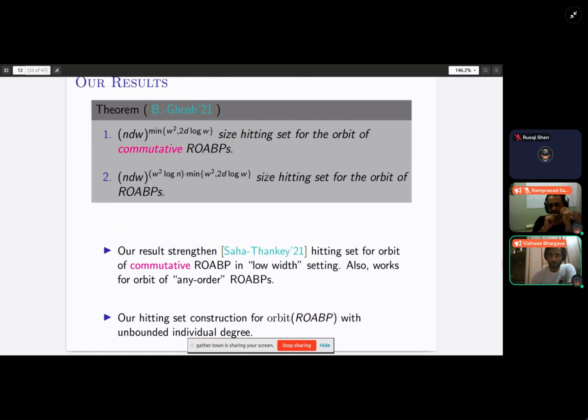And our result for orbits of ROBP is an improvement when the individual degree is large.